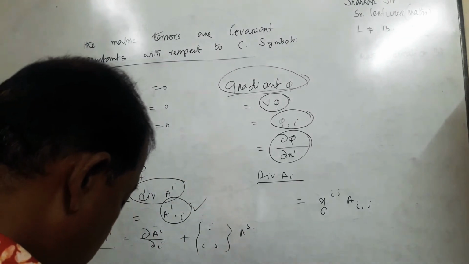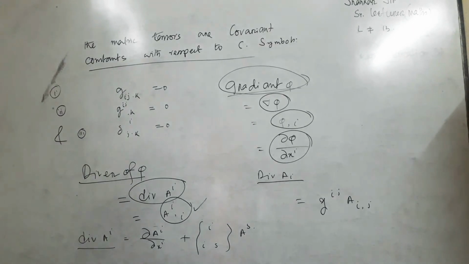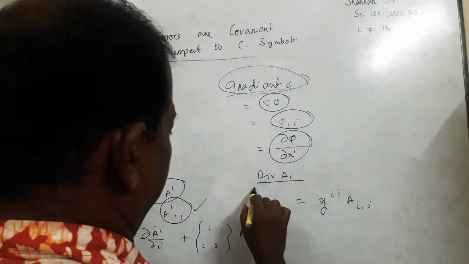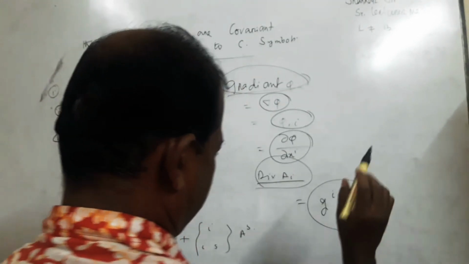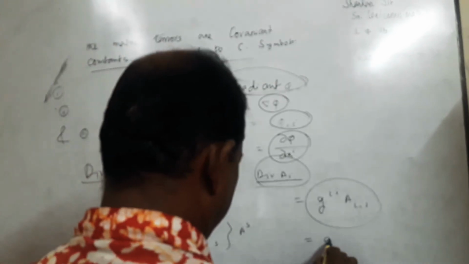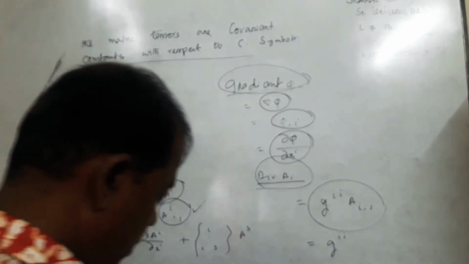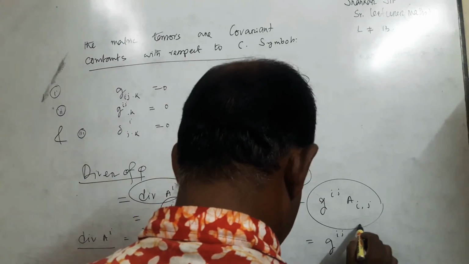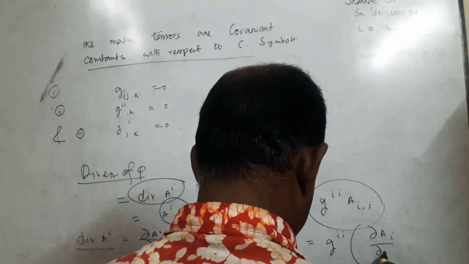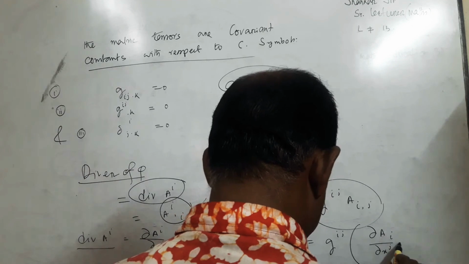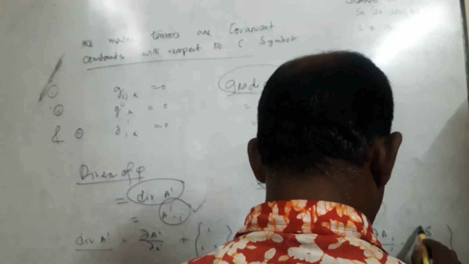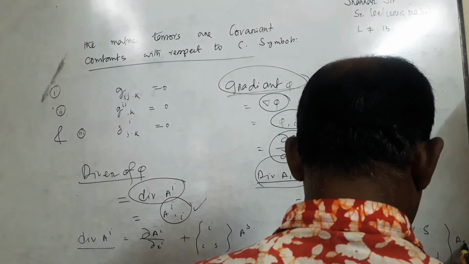The divergence of a covariant vector A_i is defined as g^ij times the quantity del A_i divided by del x^j minus Christoffel symbol ij,s times A_s. Okay.